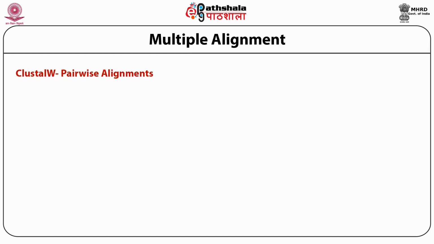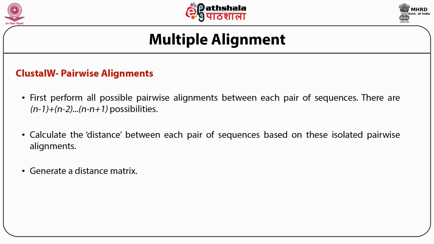So what it does, first, given n sequences, it aligns them pairwise, right? That is what you do: n times n minus 1 over 2 pairs you can create out of n sequences, and you align them pairwise. Now given this alignment, you try to create a matrix where you have the alignment score of each sequence with all the others.